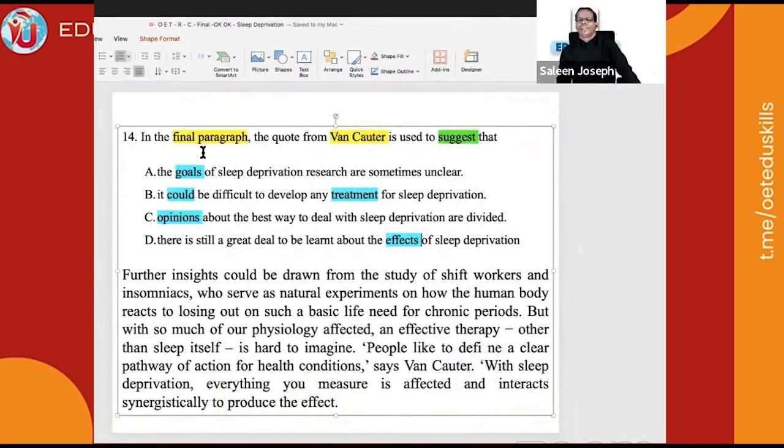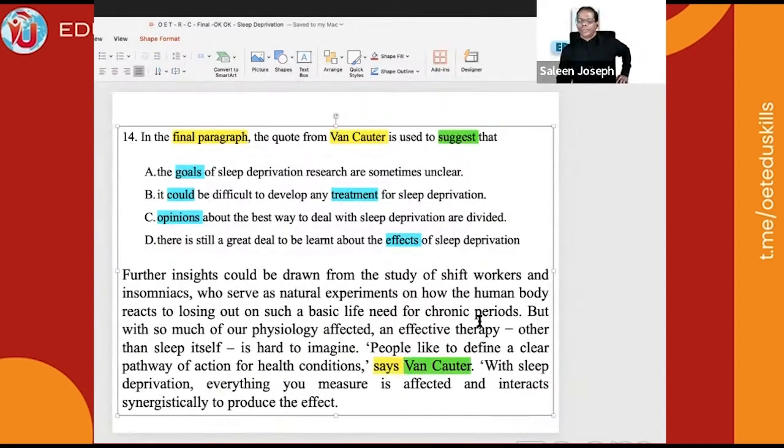Okay, now the paragraph, the quote from Van Cotter is used. Where is the name? Immediately you have to go to the name, right? Says Van Cotter. Where is the name? Last phrase. Yeah, says Van Cotter. Suggestion says marking word, right? Yes. Says Van Cotter. What does he say?